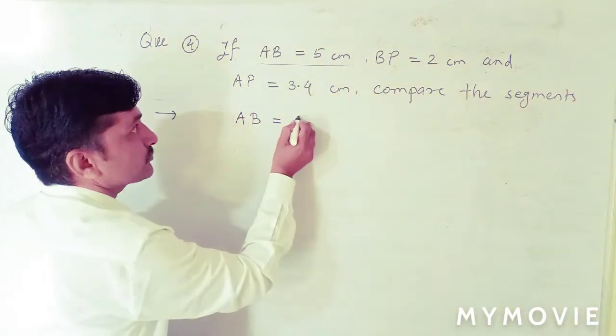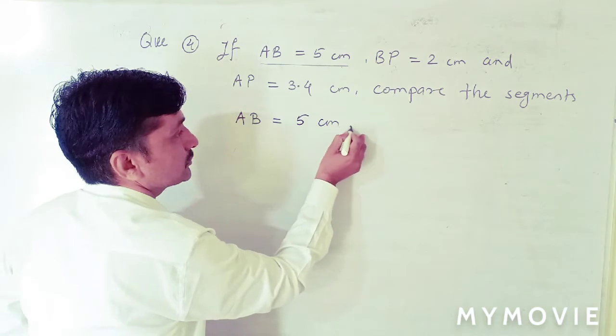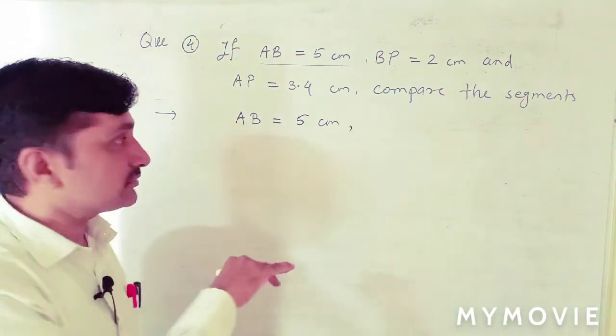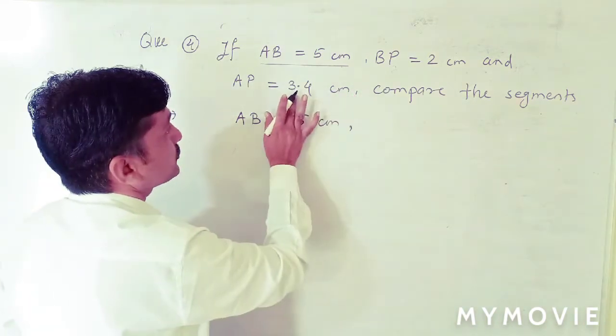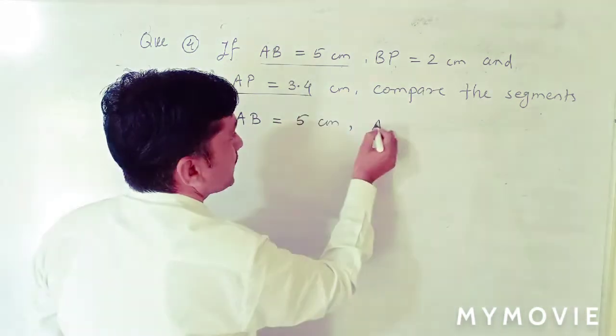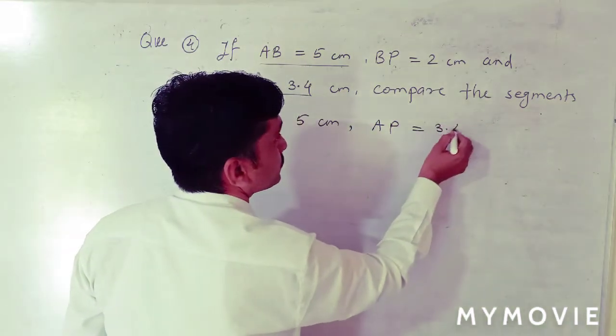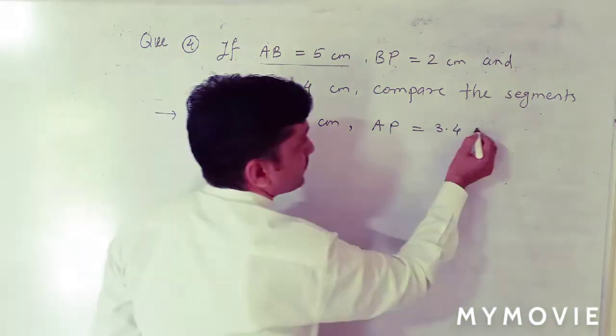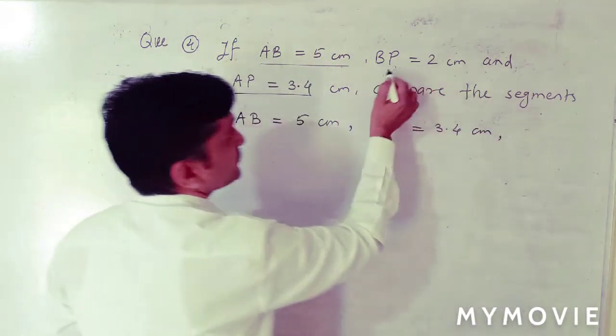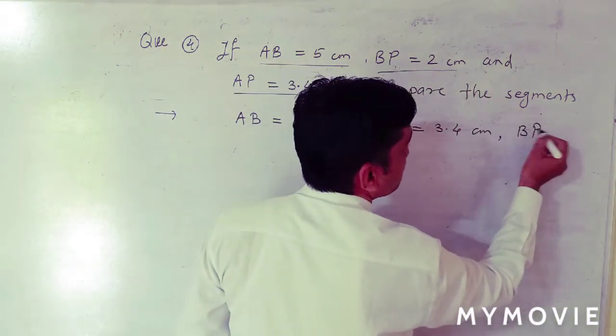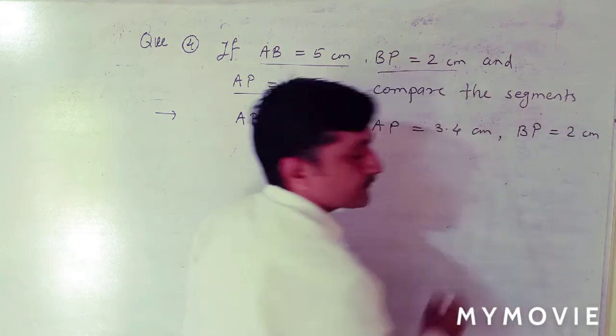Therefore AB is equal to 5 cm. I write first. After that, smaller than 5 is 3.4. Then AP is equal to 3.4, less than 5. And the smallest distance is BP, equal to 2 cm.